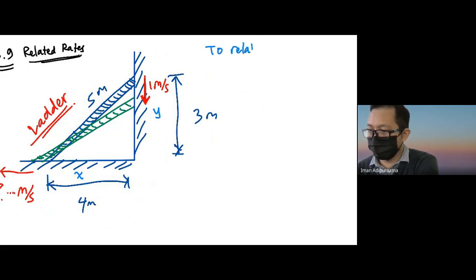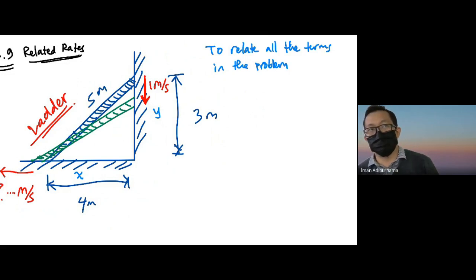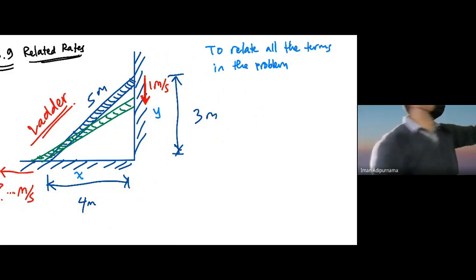to relate all the terms in the problem, we need to come up with a formula that connects all the things here. So if we have x and y, and x and y can change according to the ladder, right? So x and y are variables.